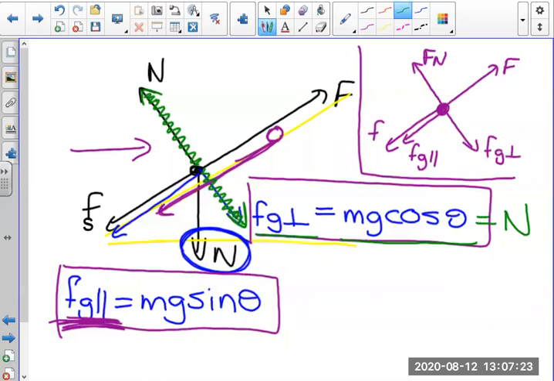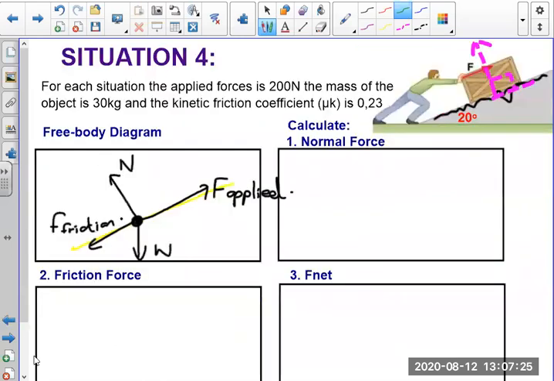So when I go back and I want to work out the normal force, I'm going to say normal force equals FG perpendicular. What is the formula for FG perpendicular? It's going to be mg cos theta. And this you need to know, it's not on the information sheet. Okay.